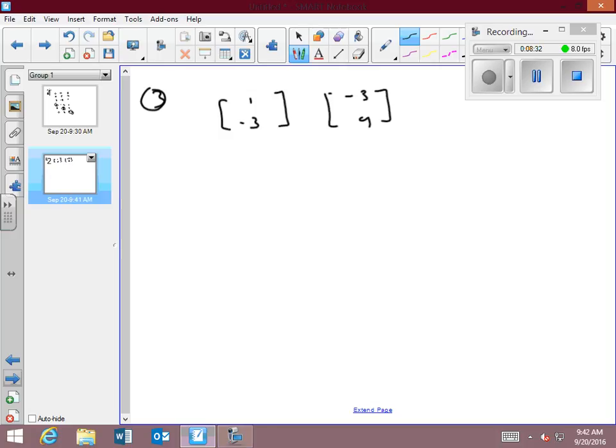This vector right here is just a scalar multiple. So it's not independent because one vector is a multiple of the other.